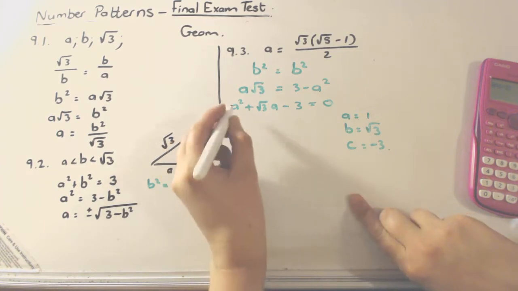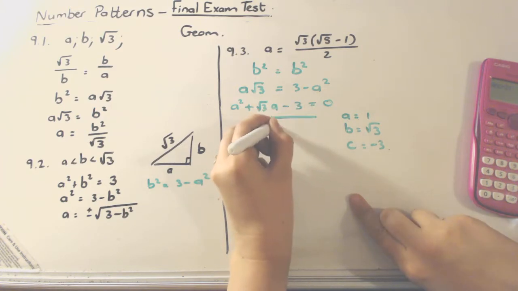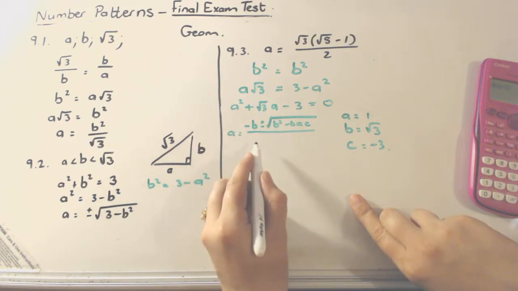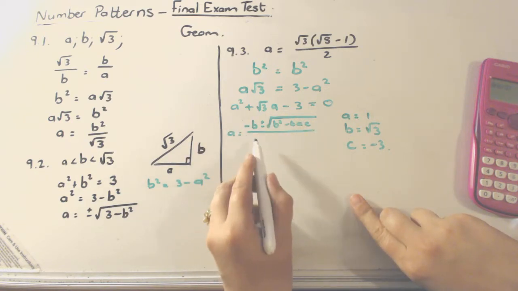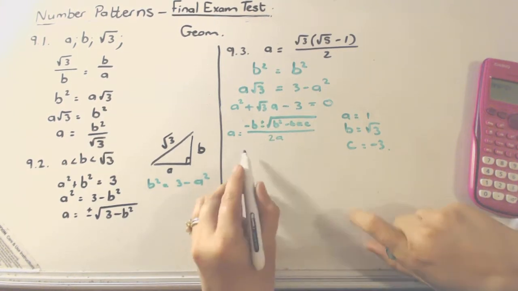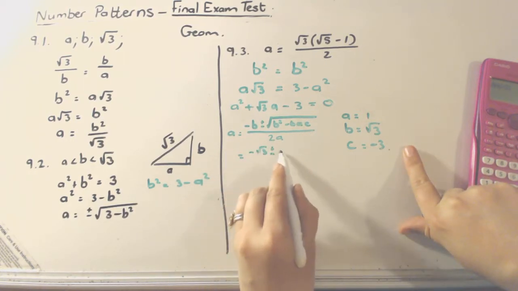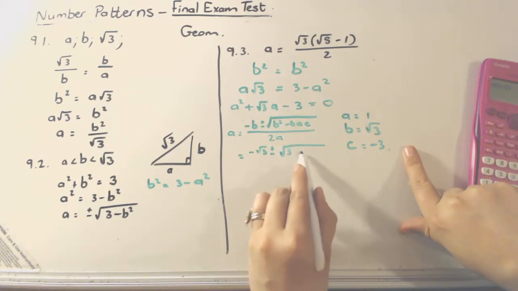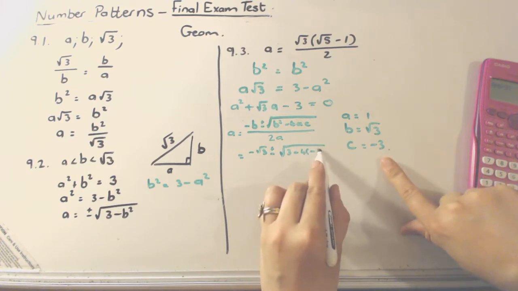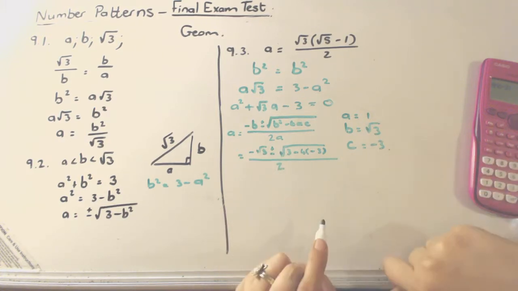But a can be found by using the quadratic formula, minus b plus or minus root of b squared minus 4ac over 2a. This is minus root 3 plus or minus root of 3 minus 4 times a, which is 1, times c, which is minus 3, over 2 times a, which is 1, so 2.